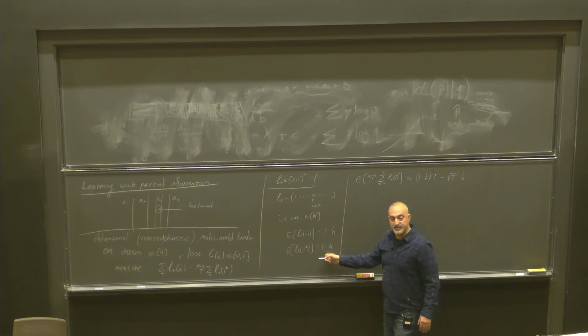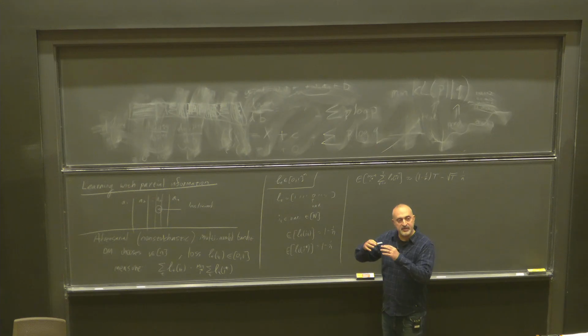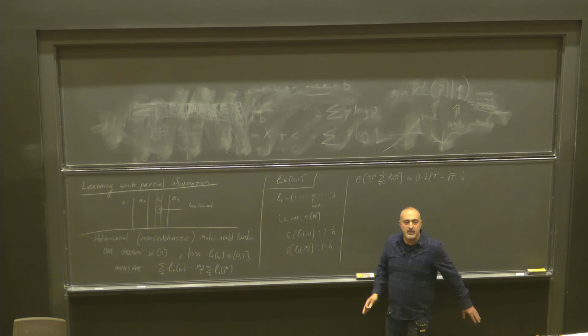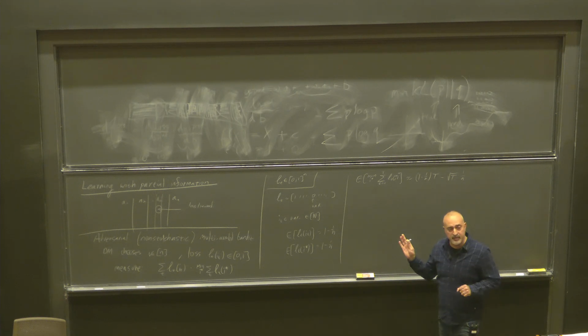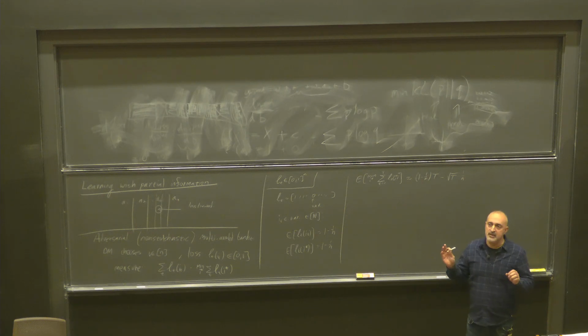Each of them has this expectation, but the variance behaves like t because you have 1 over n times t. That's how the variance behaves. So the standard deviation is like root t. I'm not going to get into details. I didn't even plan on getting into this example. But it's a good example. It shows you that even a seemingly hard setting, a very simple algorithm solves it okay-ish. Maybe regret square root of t.